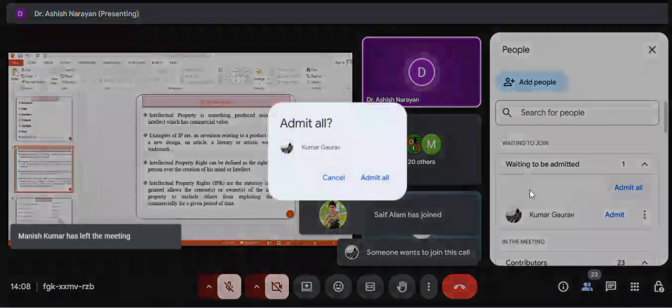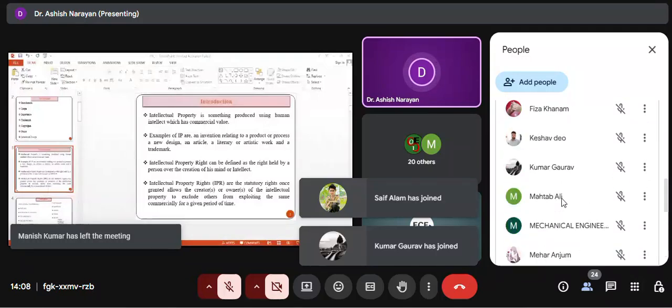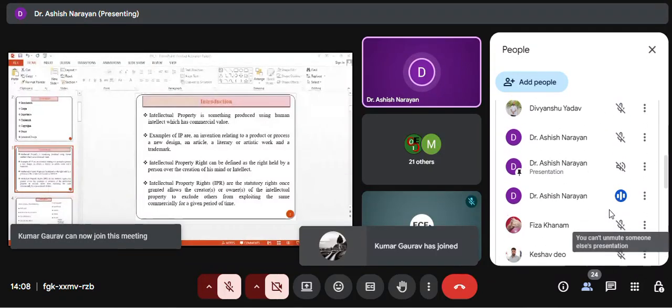So what is the scope of this copyright and patent, all these things?